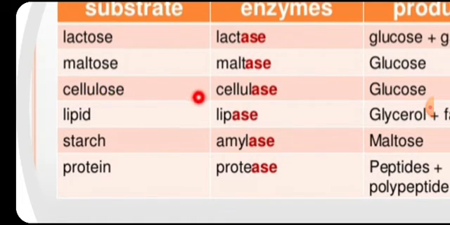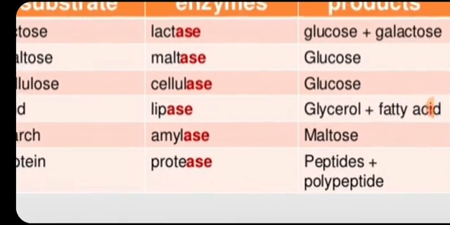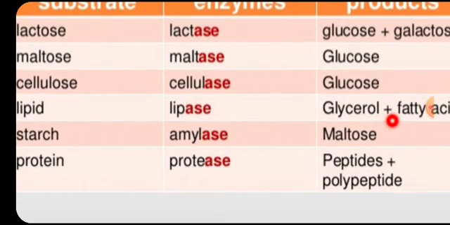Cellulose is the substrate, and when the enzyme cellulase acts on cellulose, it leads to formation of many units of glucose, because cellulose is a polymer made up of monomers of glucose. So again this is a cleavage type of reaction. Next example is lipase. The substrate for lipase enzyme is lipid. It acts on this polymer and leads to the formation of glycerol plus fatty acids.